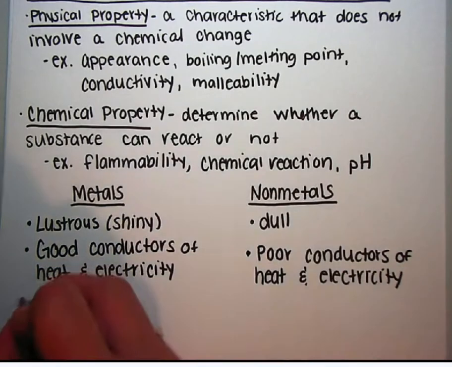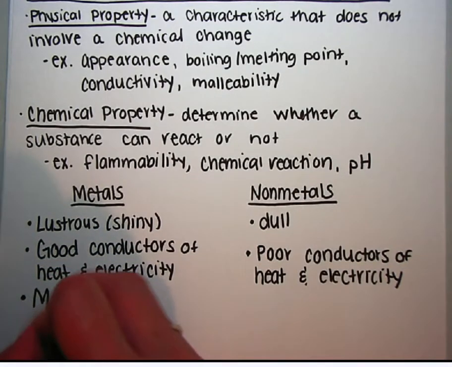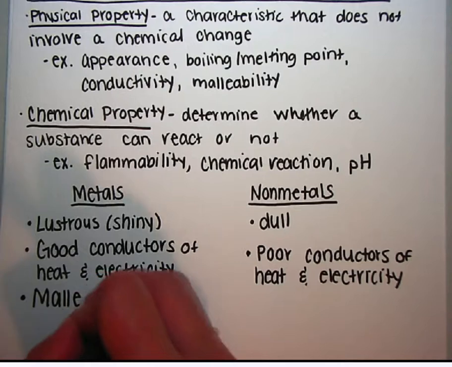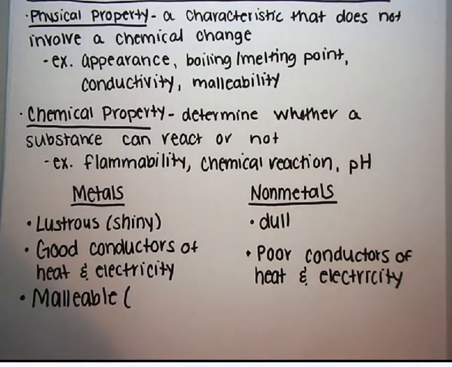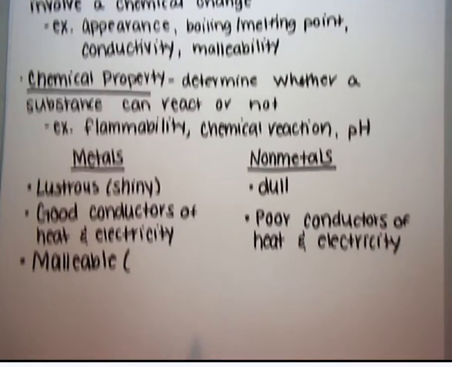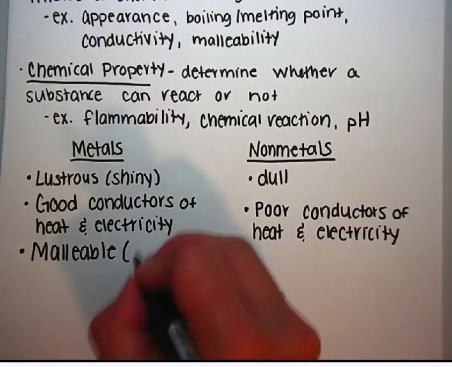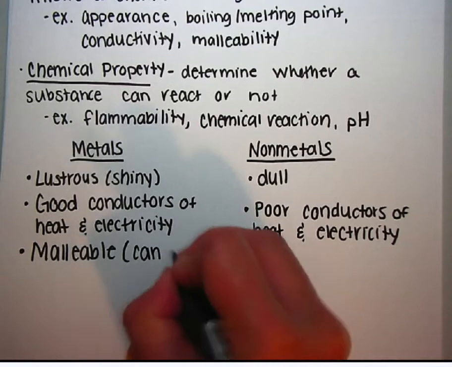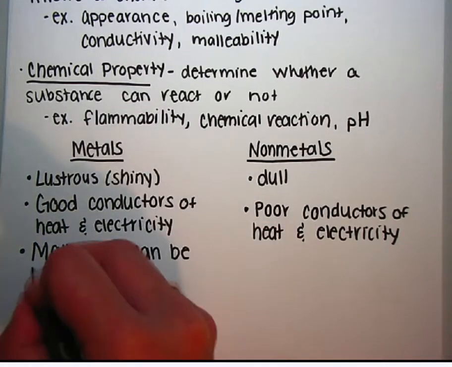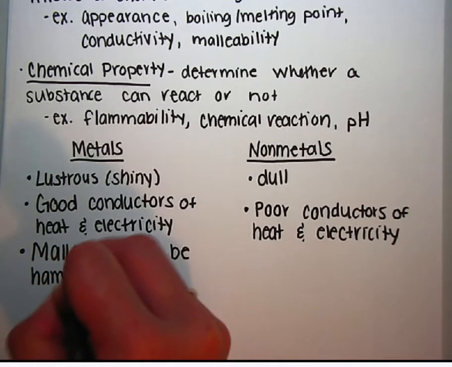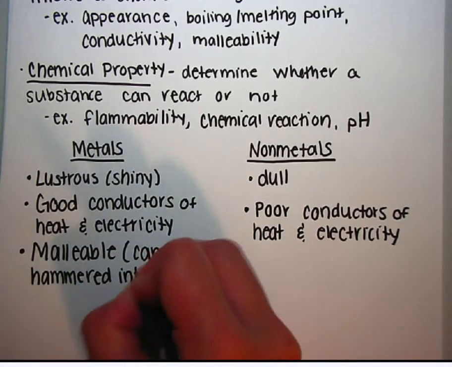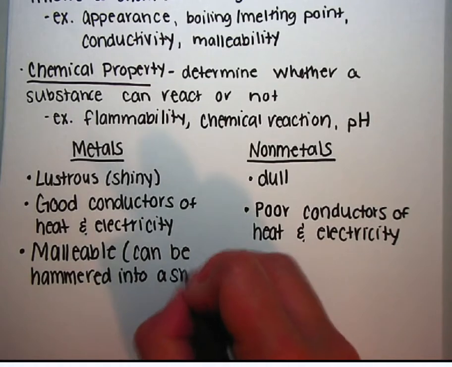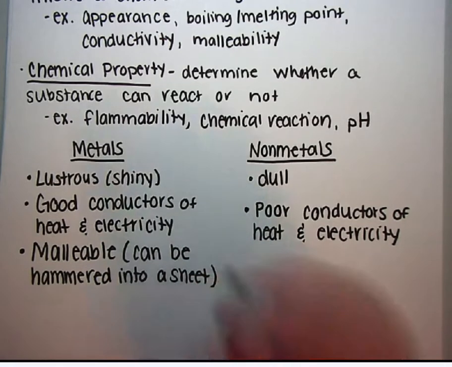All right, next, metals are malleable. And again, I like to think of malleable like moldable. Can we mold it into different shapes? Malleable means that the substance can be hammered into a sheet. Metals are very moldable.